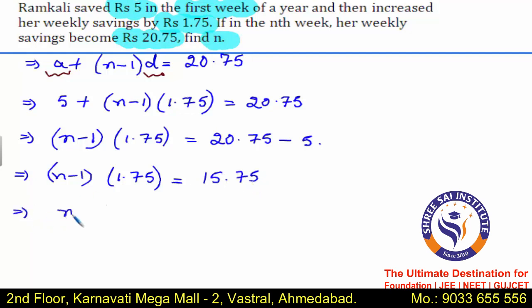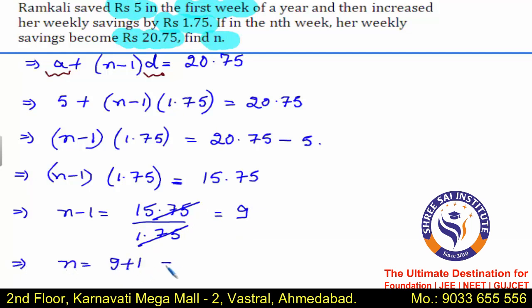This further implies that n minus 1 is equal to 15.75 divided by 1.75. And this on simplifying comes equal to 9. This implies n is equal to 9 plus 1, which is equal to 10.